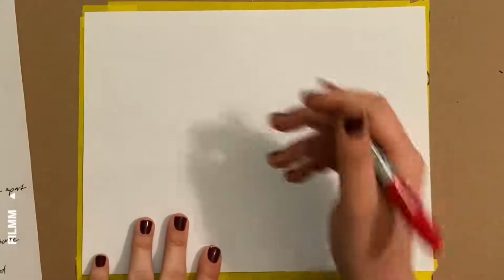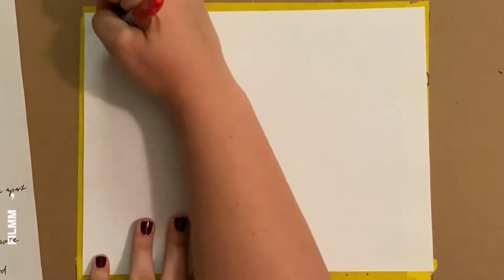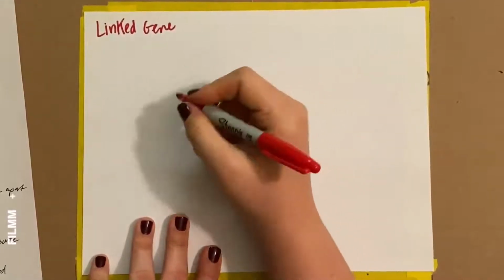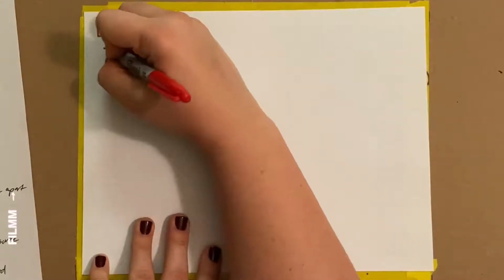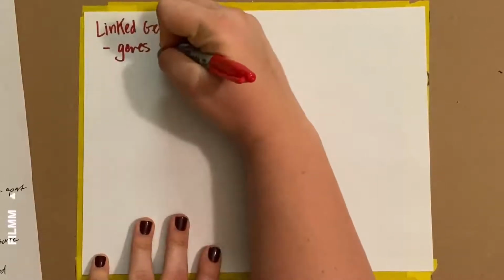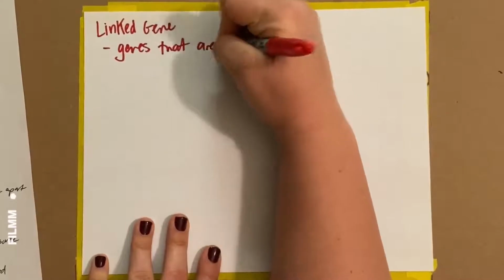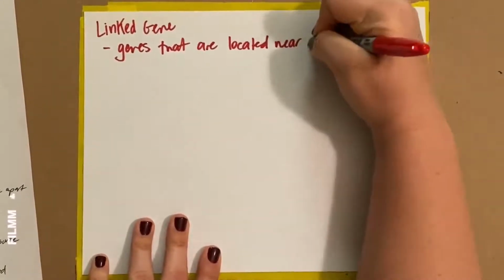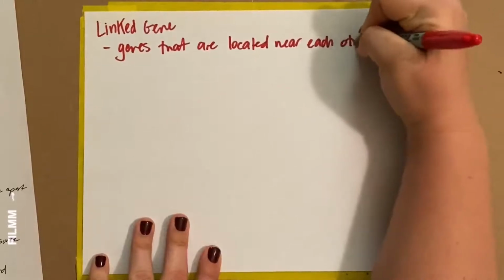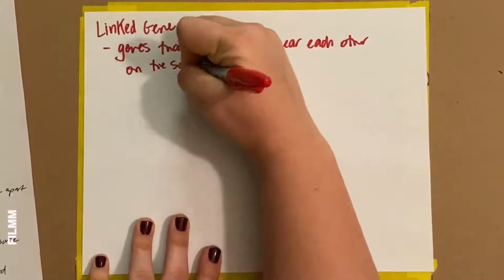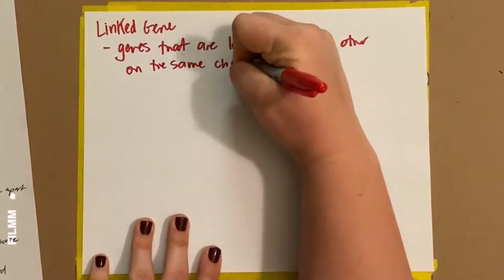Among homologous chromosomes, you can sometimes have something called a linked gene. This is when you have genes that are located near each other on the same chromosome.